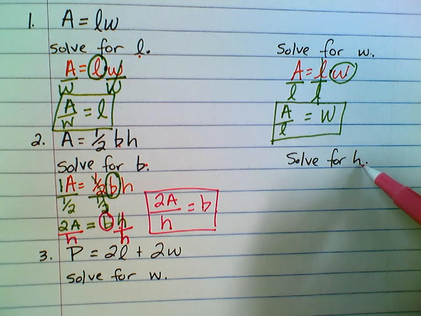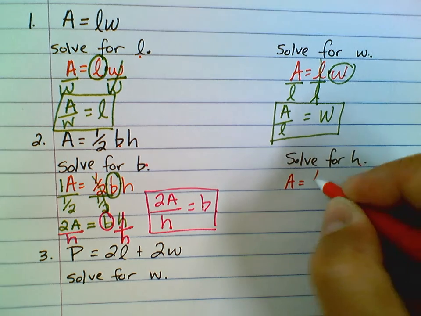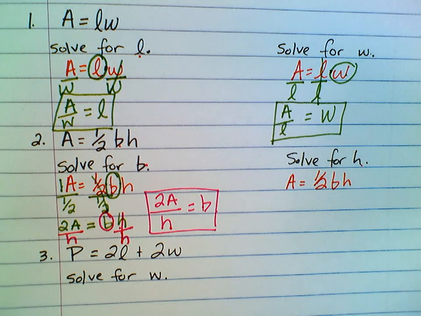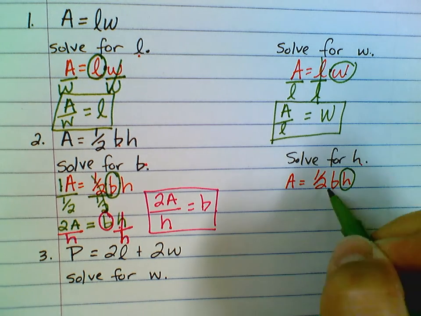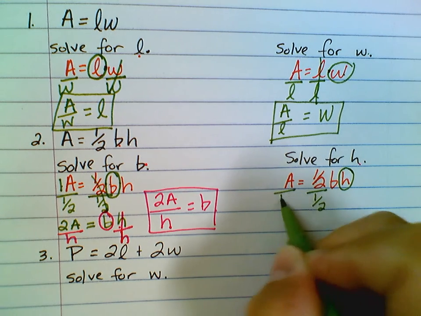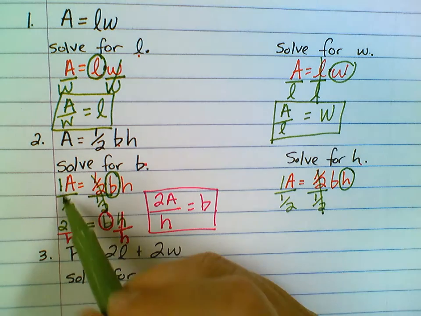Here we're supposed to do the same thing for H. So A equals 1/2 BH. I am solving for H. So again, I'm going to divide by the 1/2. And this is the same thing as what I had over here.